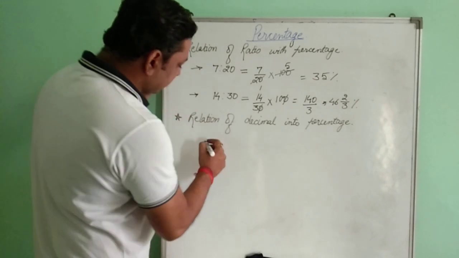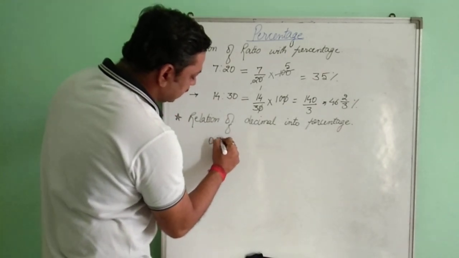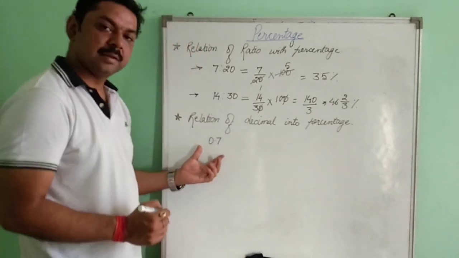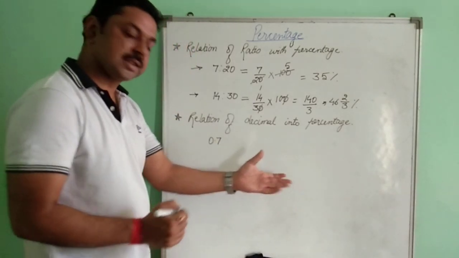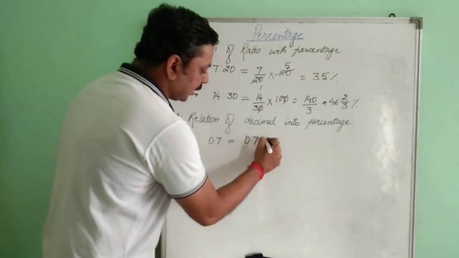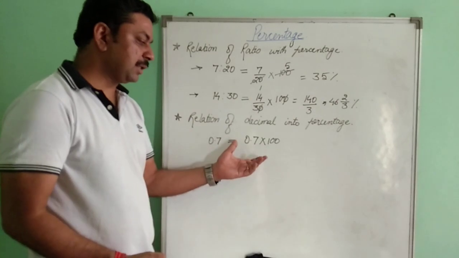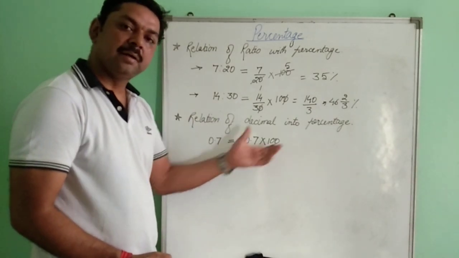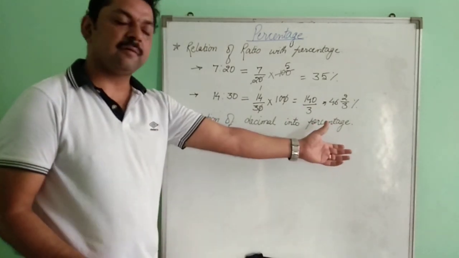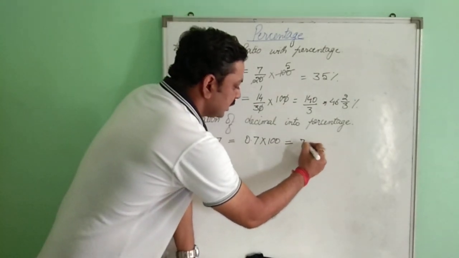For example, if we have a number like 0.7, this is your decimal. Clear? You need to convert it into a percentage. What are you going to do? You will simply multiply it by 100. You will simply multiply the number with 100 to convert the value into a percentage. So that is going to be your 70%.